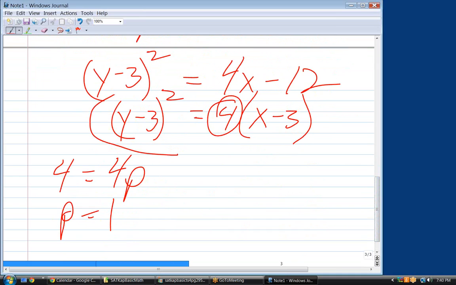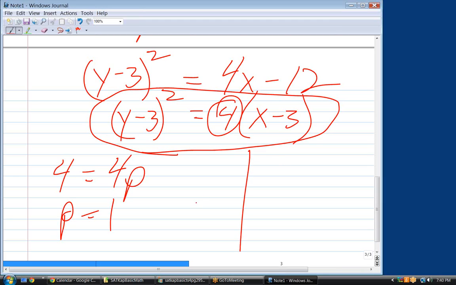There's our format for the parabola, and now let's see, in this format, our vertex is still at 3, 3, I think.